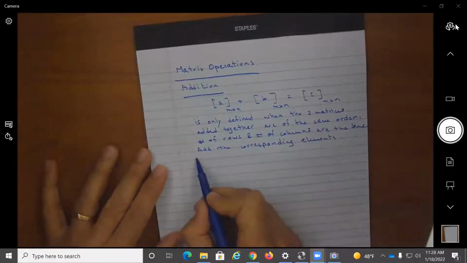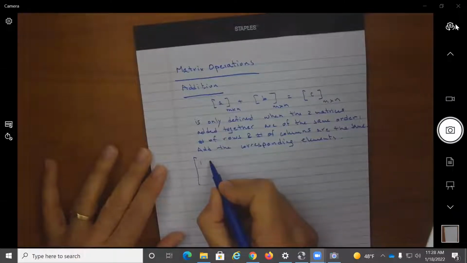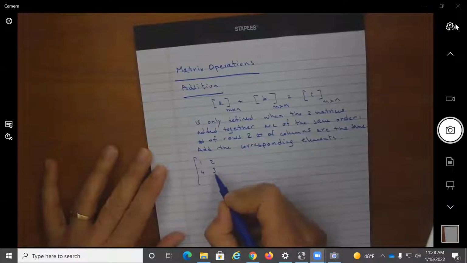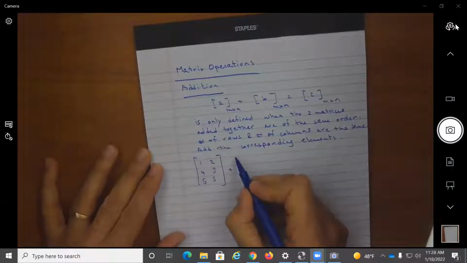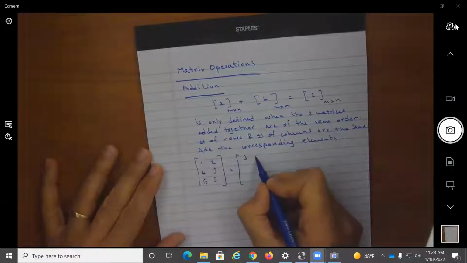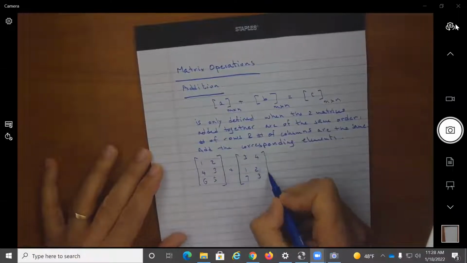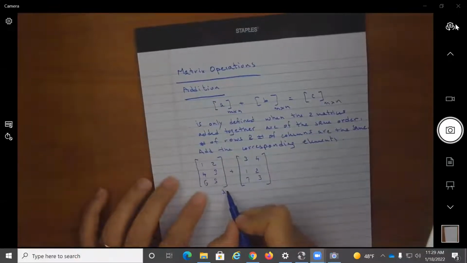So if I do a quick example, if I have two matrices that I want to add together, you would notice that this one here is a 3 by 2.